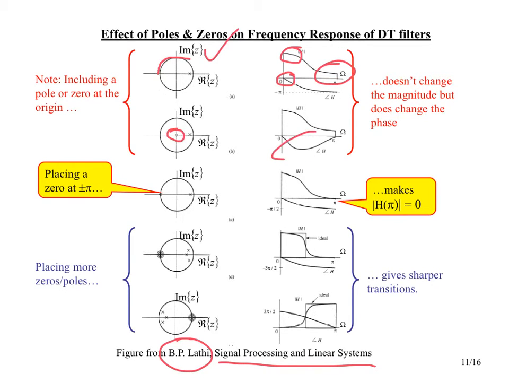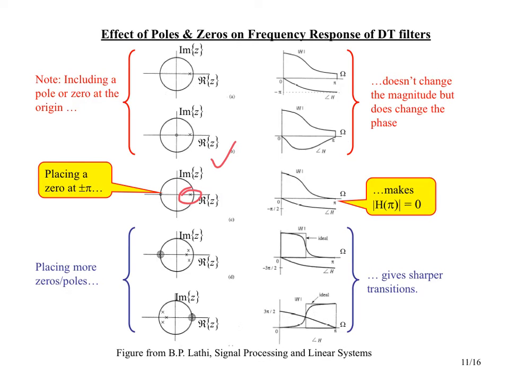It does change the phase response, though. So by putting poles and zeros at the origin, we can leave the magnitude response the same, but change our phase response. Continuing down here, we've kept our pole near DC, near 0 hertz, or 0 radians per sample, rather.